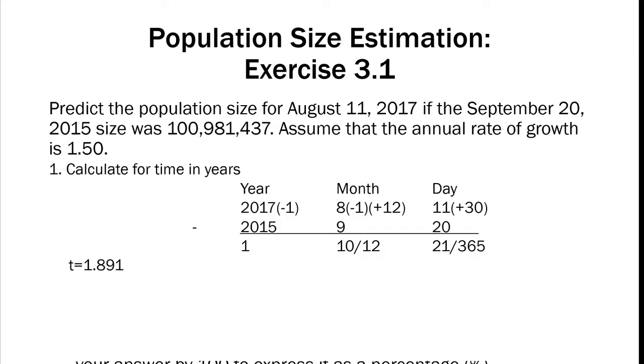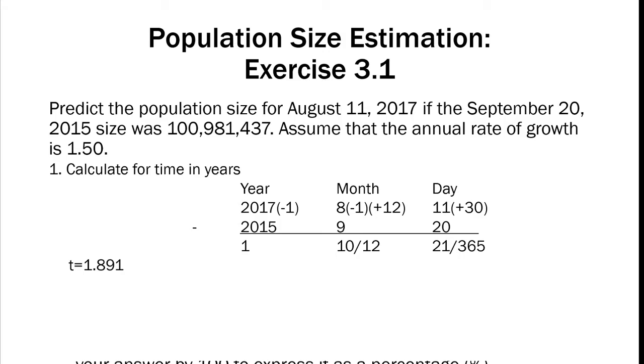Now, for months, we borrowed 1 from it, so we currently have 7. So you should be looking at 8 minus 1 versus 9. And of course, 9 is larger, so we need to borrow 1 from the year. So borrow 1 from 2017 and transfer it to months. That would of course be 12 months.